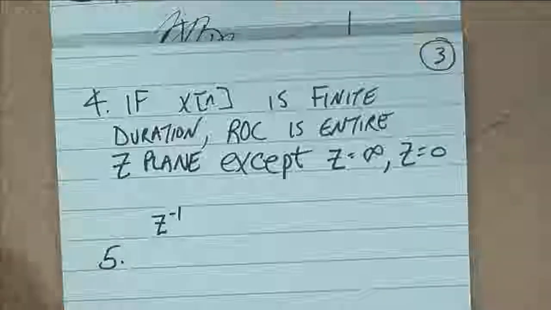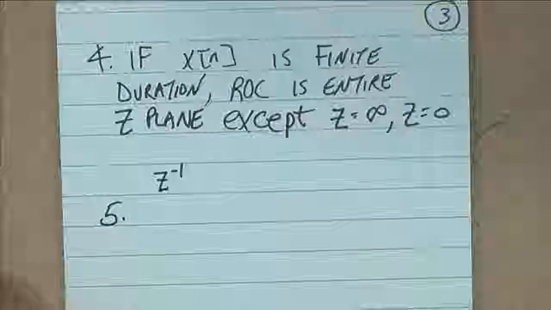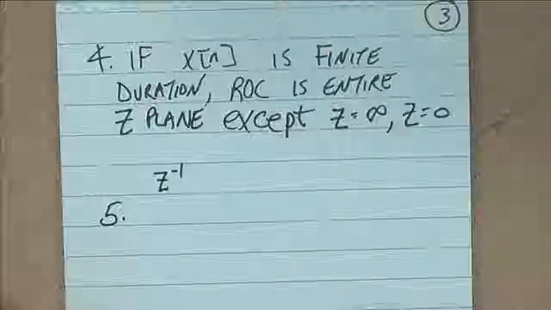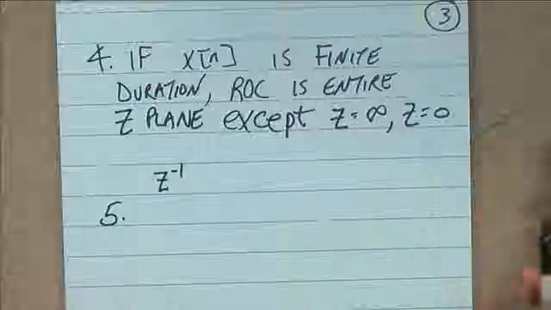One of the things we talked a lot about was if sequences are right-sided or left-sided, which may seem like a pointless technical detail at the moment, but we're going to get to why it matters here in a minute.